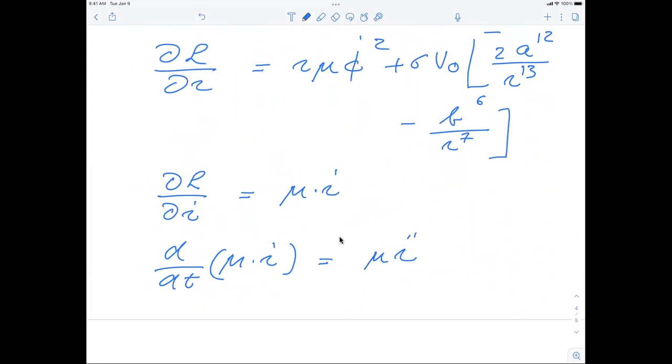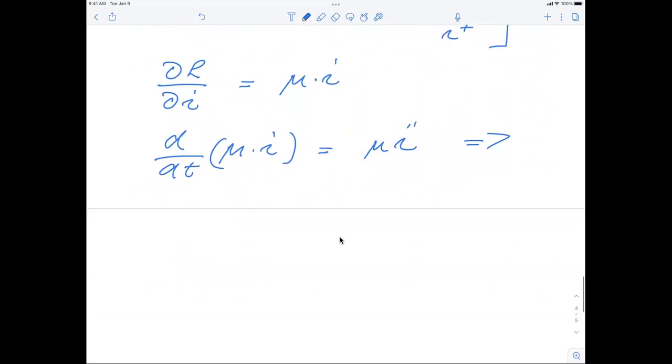And this has to be equal to minus this other term which we put up. So that means that when I collect everything now, what I get is that mu times r double dot is simply equal to mu times r times phi dot squared plus 6 times V0.